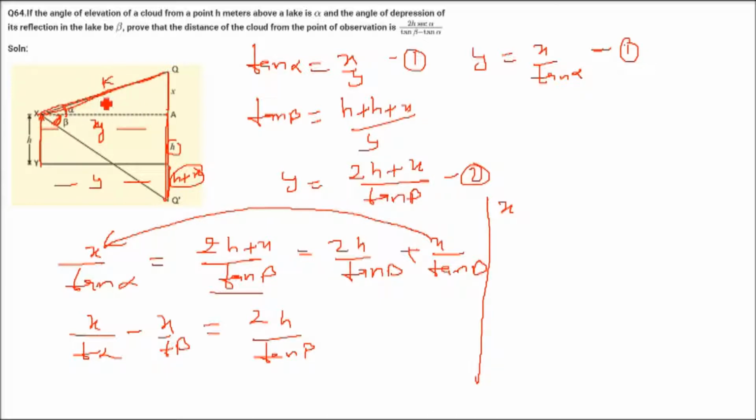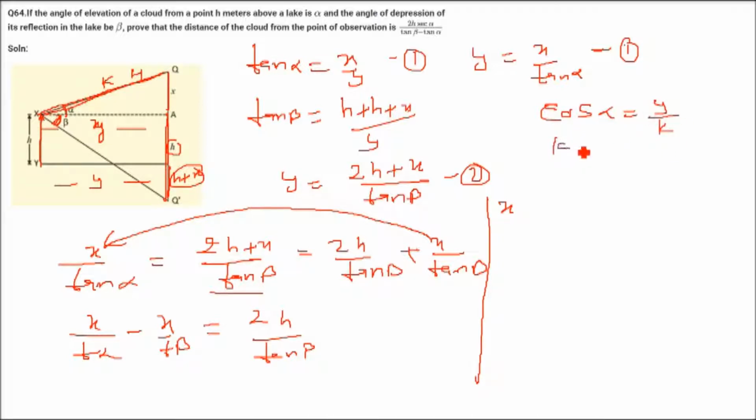This is our k, this is our hypotenuse, and this is our base. So cos alpha is base upon hypotenuse, that is y upon k. So k we have to find out.